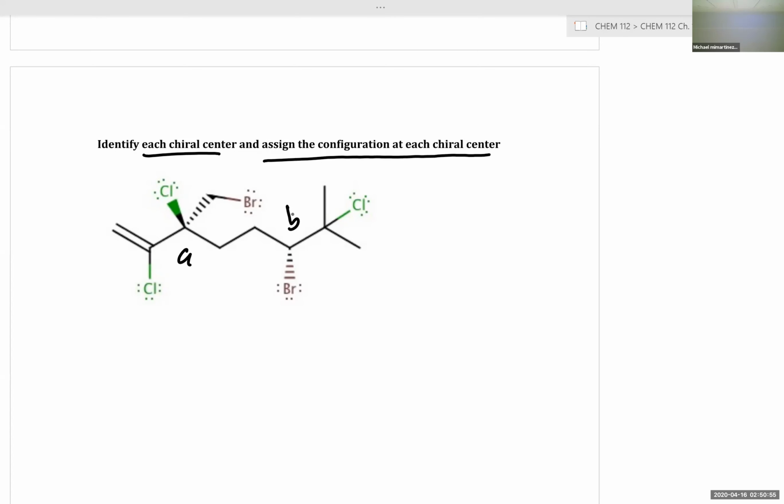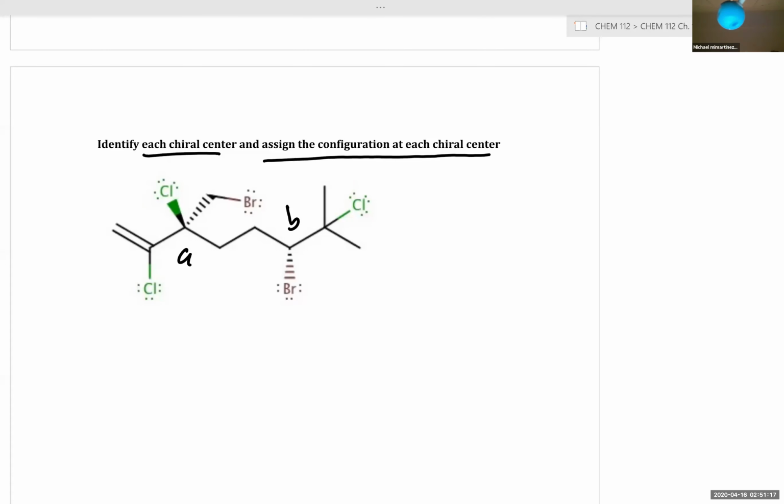Okay, so let's just take a look briefly at the model. Let's start at Stereocenter A, and let's really focus on Stereocenter A for a moment. So focusing on Stereocenter A, it's important now that we assign priority.